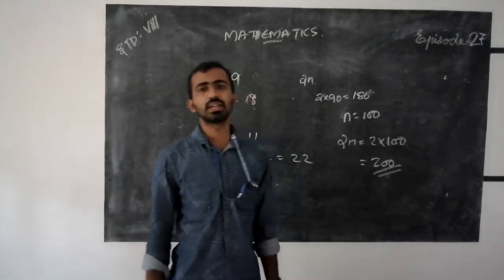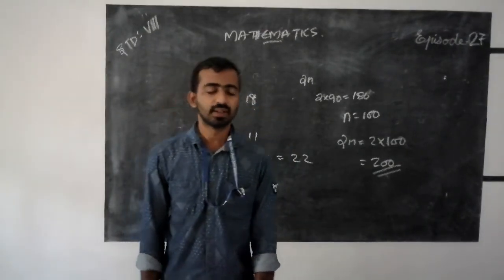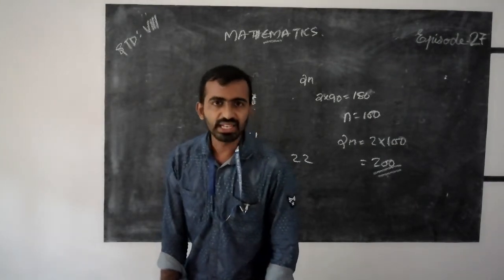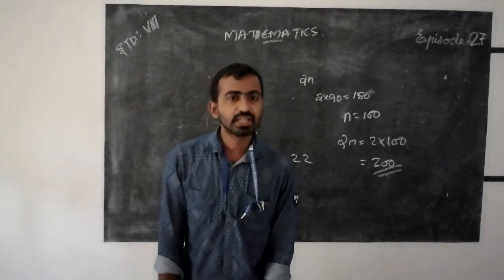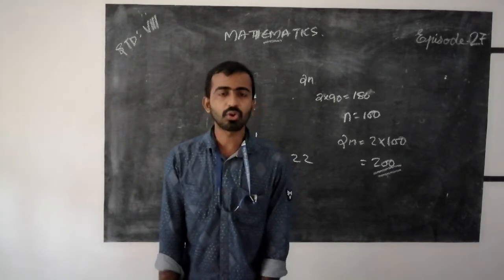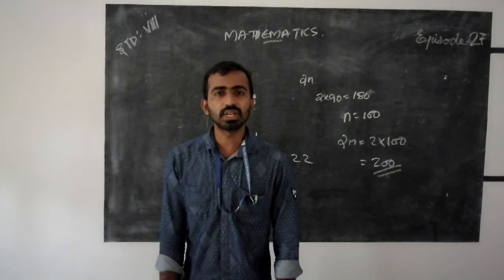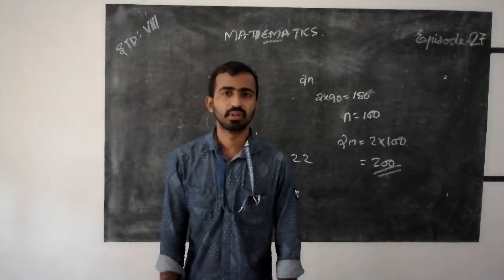That is, 180 non-square numbers lie between 90 square and 91 square. And the third one is for your homework: 1000 square and 1001 square.